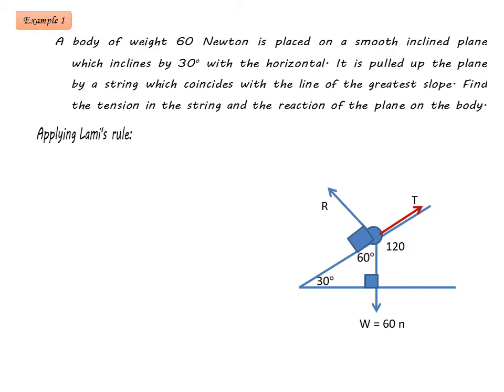So 60 over sine 90 equals F over sine 150, or tension over sine 150, equals R over sine 120, because this is a straight line. If we have one of them 60, the supplement of 60 will be 120.